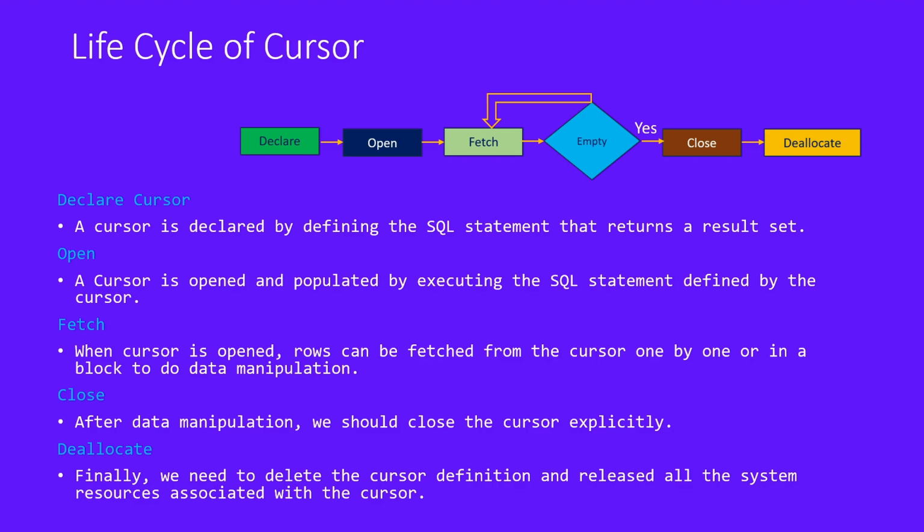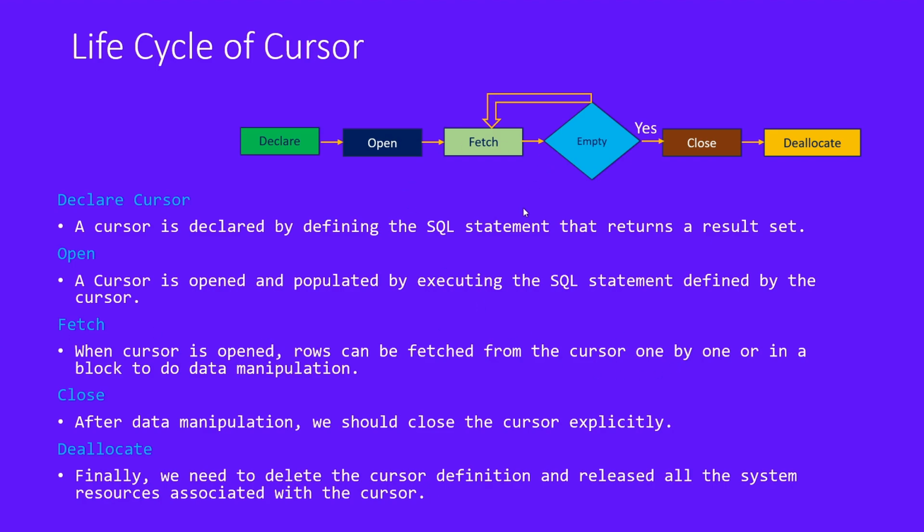Finally we need to delete the cursor definition and release all the system resources associated with the cursor, correct? When we are allocating the cursor, at that time it will allocate some memory in the database. Actually TempDB holds that memory and we have to free up that space. So that's why we are using the deallocate.